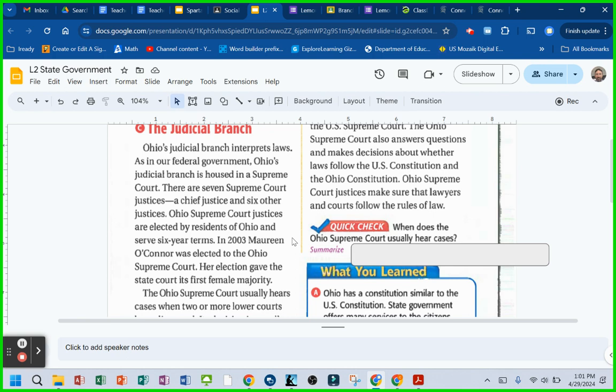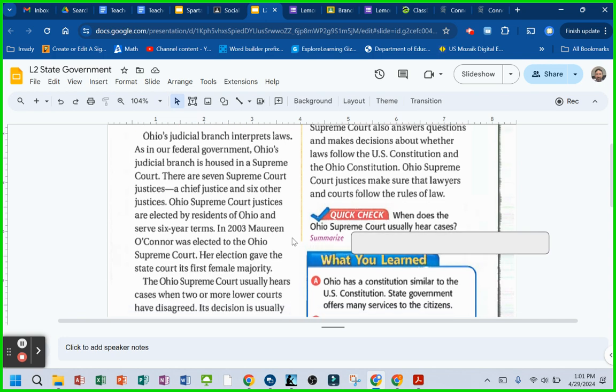Laws have to abide by the Constitution. That's why they say that's unconstitutional, right? It means it doesn't follow the law of the land in this country, our Constitution. And the law of the land in Ohio is our state constitution. So the judicial branch makes sure that those laws that are created follow the law of the land. That's their job.